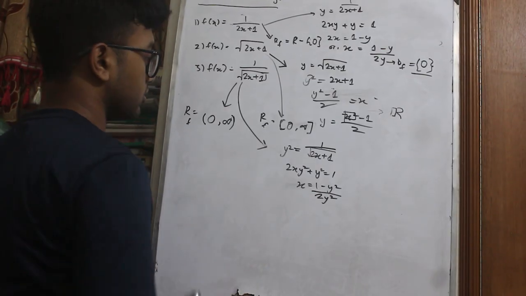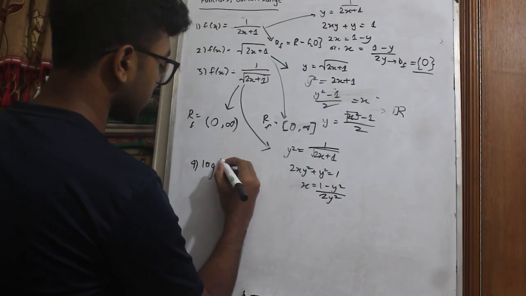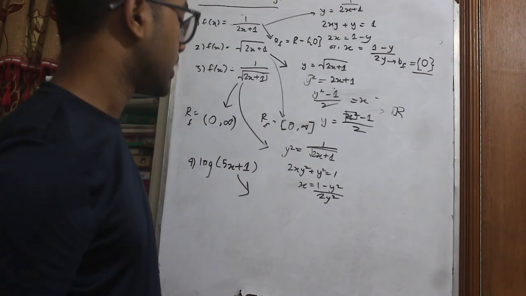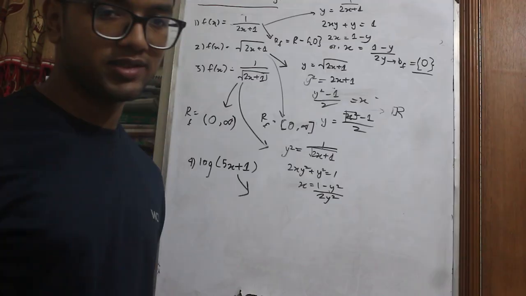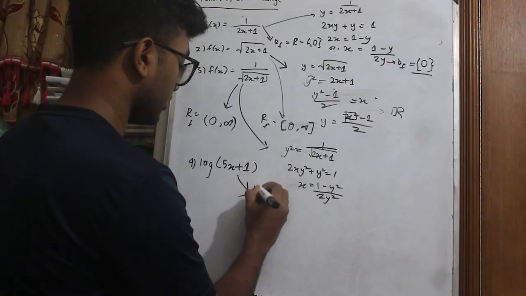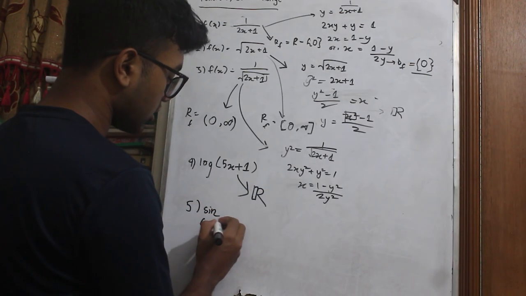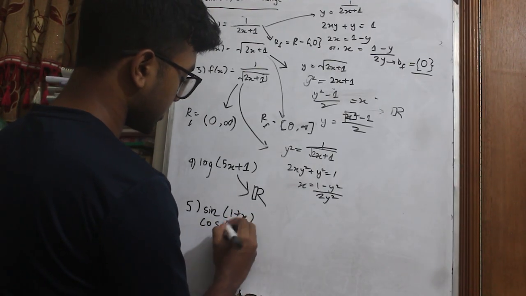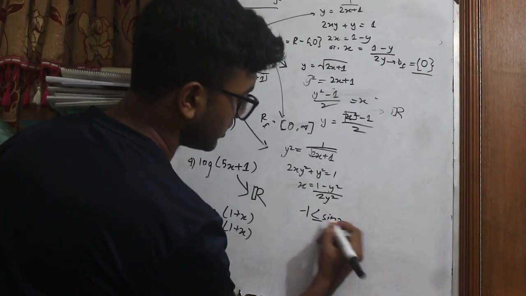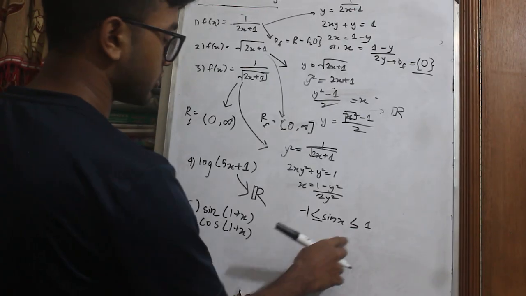Okay. Now, let us look at the logarithmic equations, which are 5x plus 1. For logarithmic, we know that if you put in any number whatsoever, we will always get a value. So the range of logarithmic functions is all real numbers, and for sine and cos, let's say we put 1 by x. We know that sine has a condition that sine is greater than or equal to -1, and it is smaller than or equal to 1.